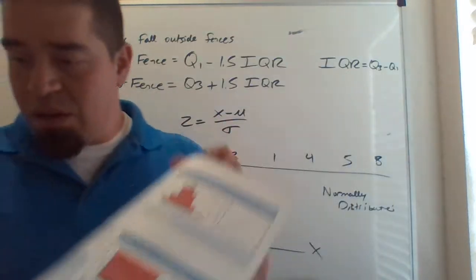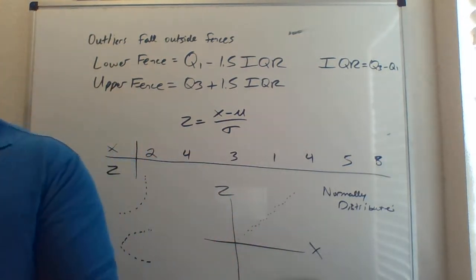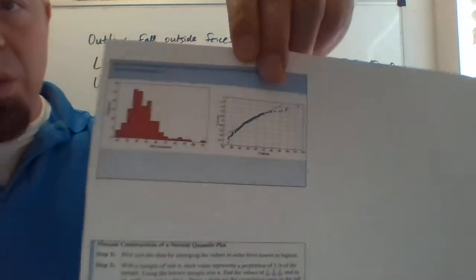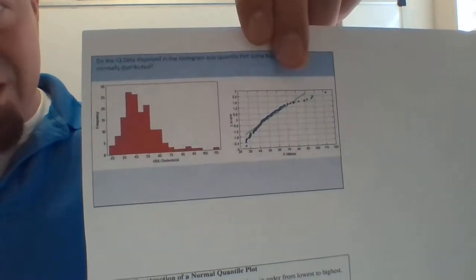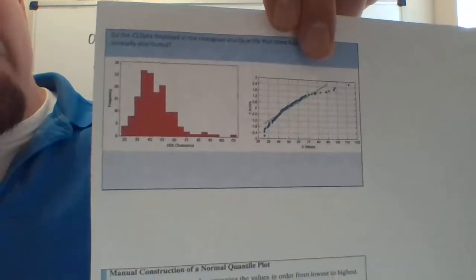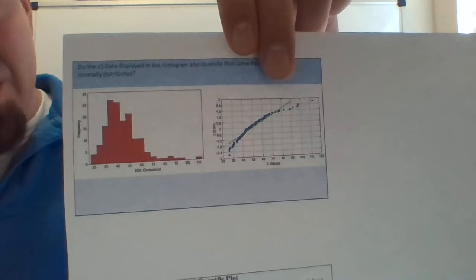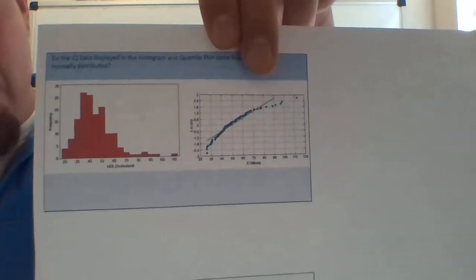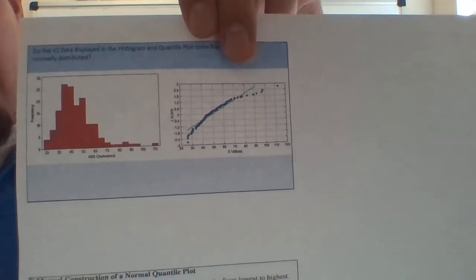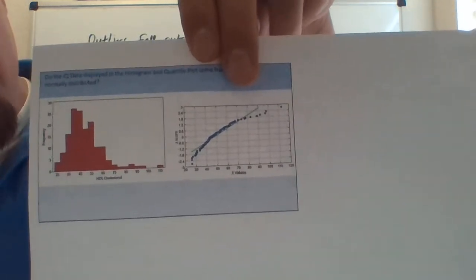Okay, so the final one here, you have one that appears a little bit more skewed right, but maybe somebody might argue, well, it looks bell curved. So okay, we get all these x's from the histogram, and we plot them against their z-scores, and we find this kind of curve here.